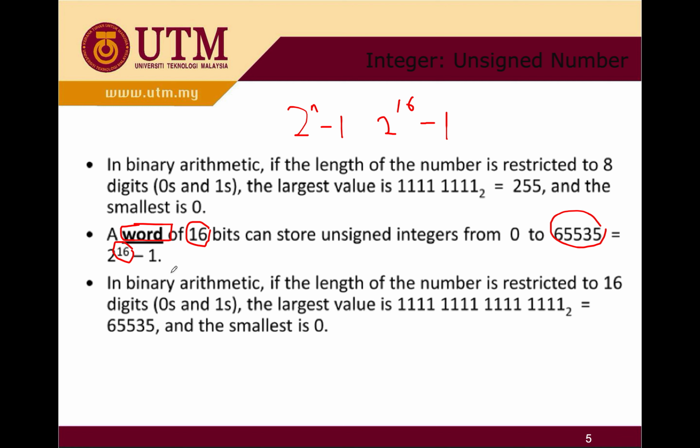Or if you're using the numbering system, you calculate 1 until 16: 1, 2, 3, 4, 5, 6, 7, 8, 9, 10, 11, 12, 13, 14, 15, 16. So there are 16 bits over here. The maximum number is 65535, and the minimum value for all is 0.